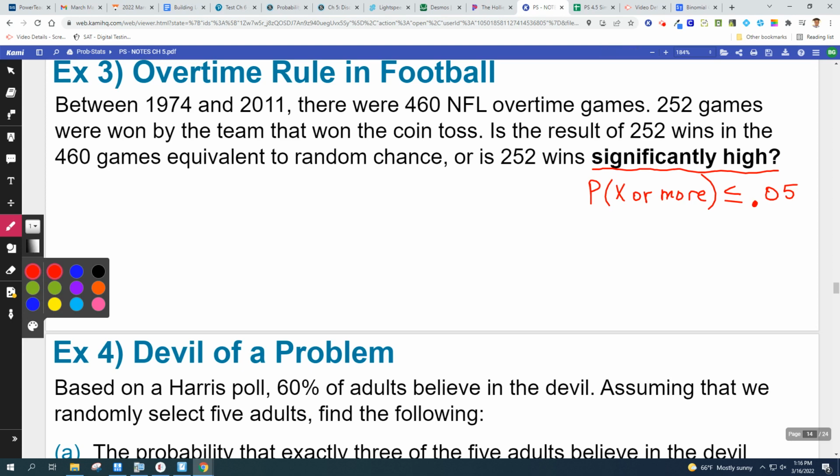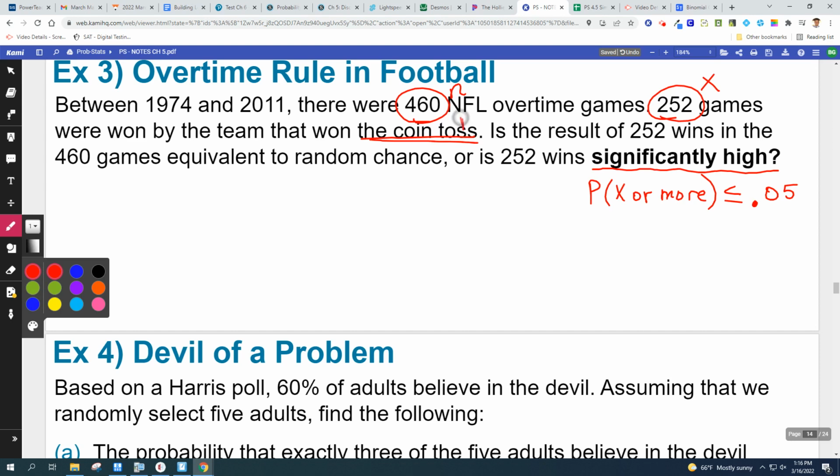All right, so let's look at this problem. 460 NFL overtime games, that's N. 252 is your X number. And we're talking about a coin toss here. So a coin toss is 50-50, right?